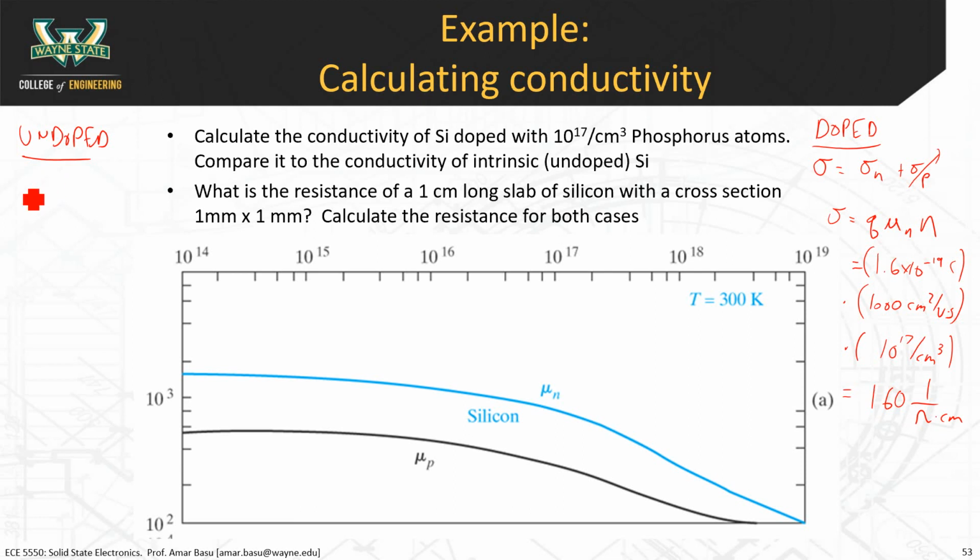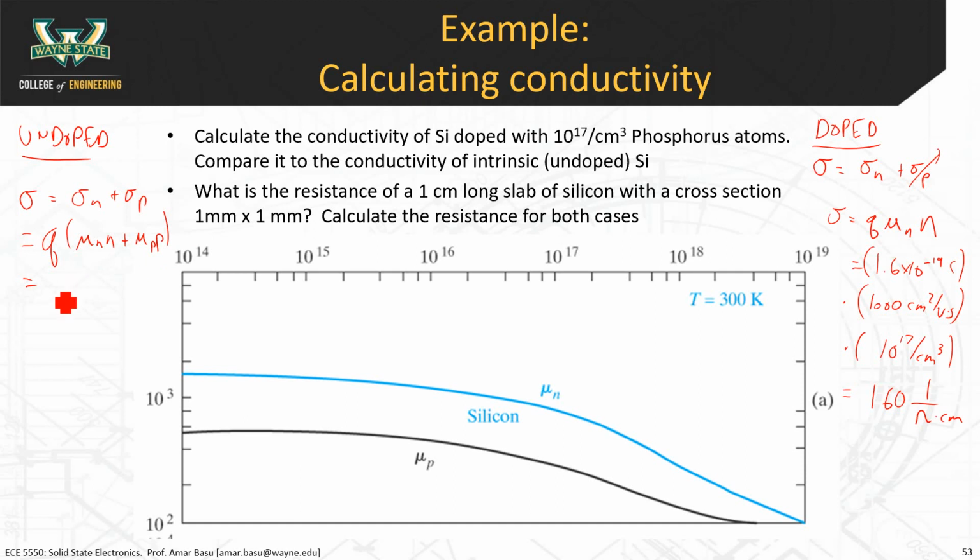So, undoped material. With the undoped material, we actually have to consider both q times mu n times n plus mu p times p. Why we have to consider both is because n and p are the same in an intrinsic, undoped material.